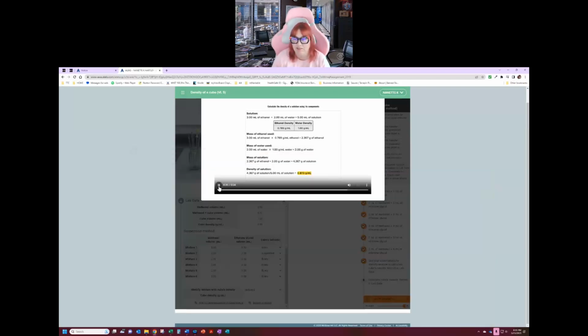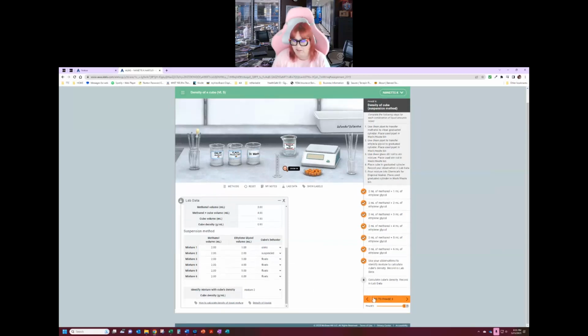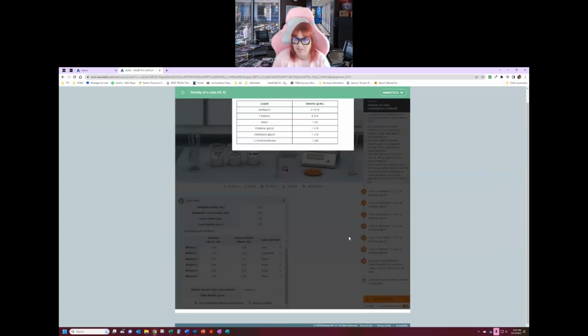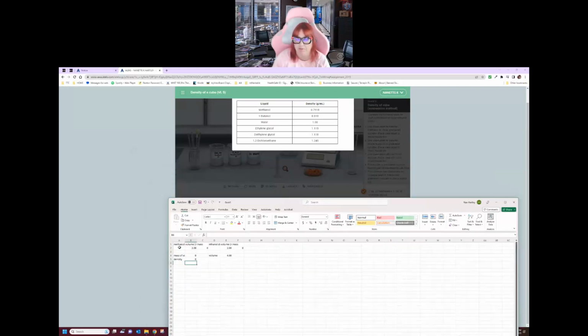Of 0.873 grams per milliliter. So, okay, I watched my little video. I close this out. And I say, all right, density of liquids. Ooh, and this is that same table that they gave me before. So if I'd written it down, I wouldn't need to reference this again. I could have done this whole calculation without having to do that.